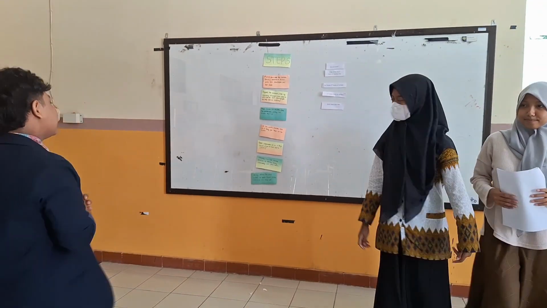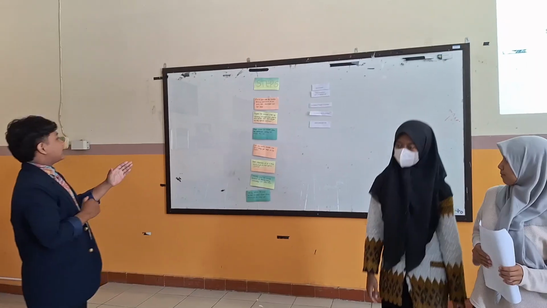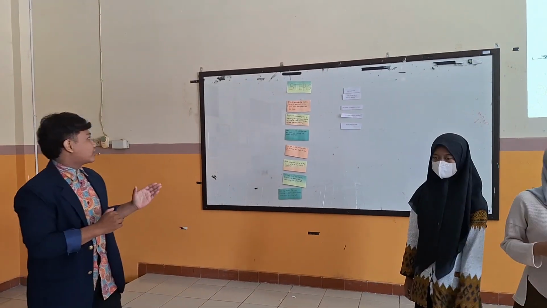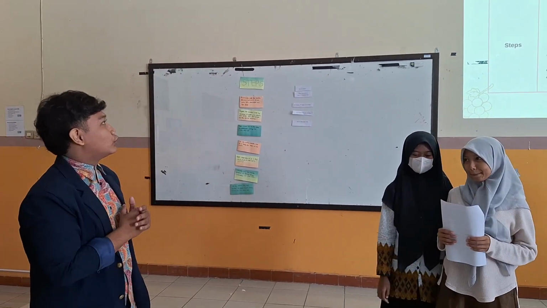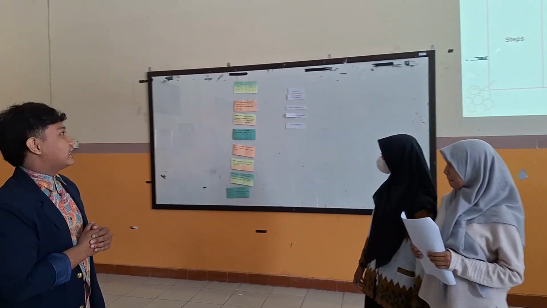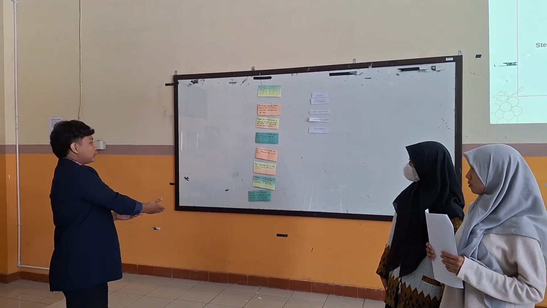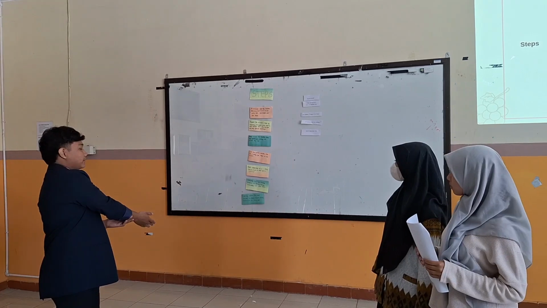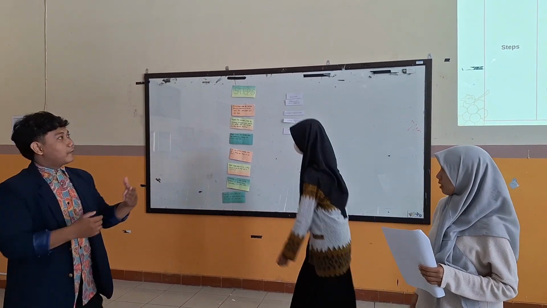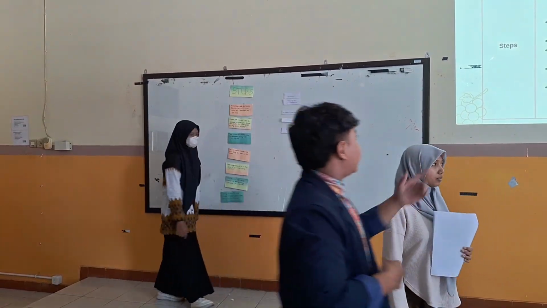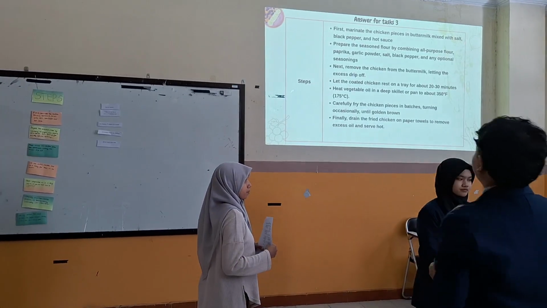Rayana's group has already stuck all the papers with the structured steps of how to make crispy chicken in the correct order. Okay, Nurul, you can check and stand up on the side while Rayana reads the answer for task 3.